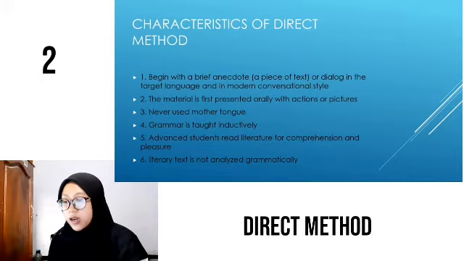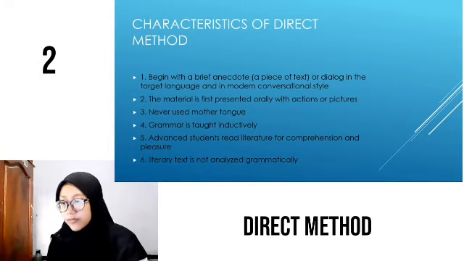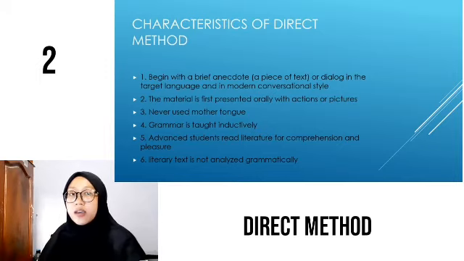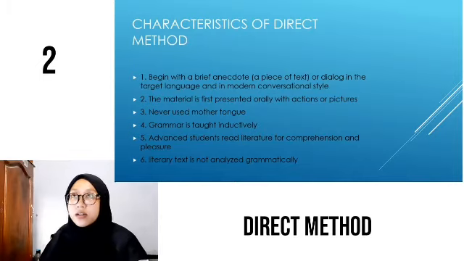Next, verbs are used first and systematically conjugated, added with es or ed in ending, much later. Advanced students read literature for comprehension and pleasure. Literary texts are not analyzed grammatically. This is in contrast with the teaching of reading in GTM.